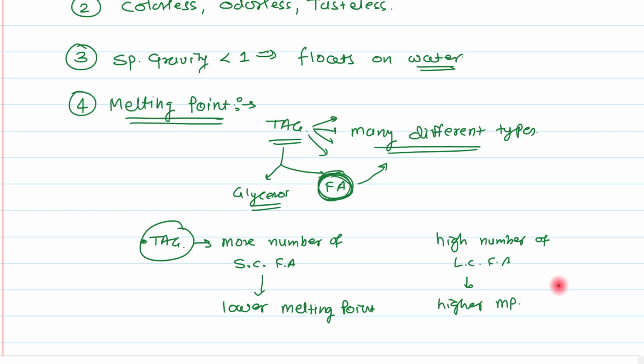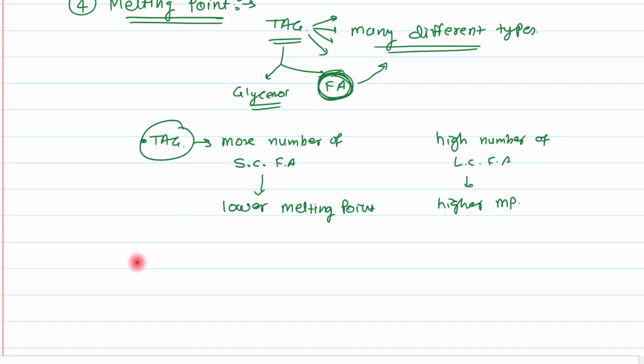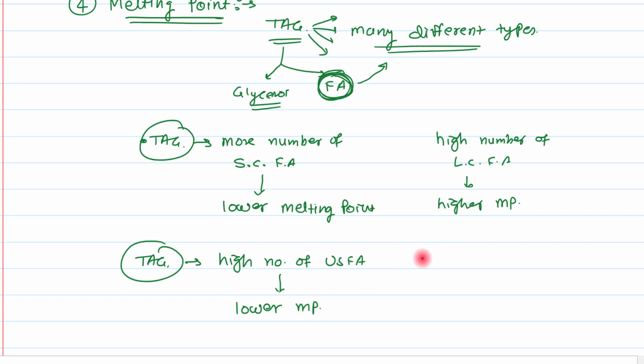So the higher the length of chain, the higher the melting point. The second important variability with the fatty acid is that if a triacylglycerol contains a high number of unsaturated fatty acids, then it has a lower melting point, whereas if a high number of saturated fatty acids are there, then it has a higher melting point.